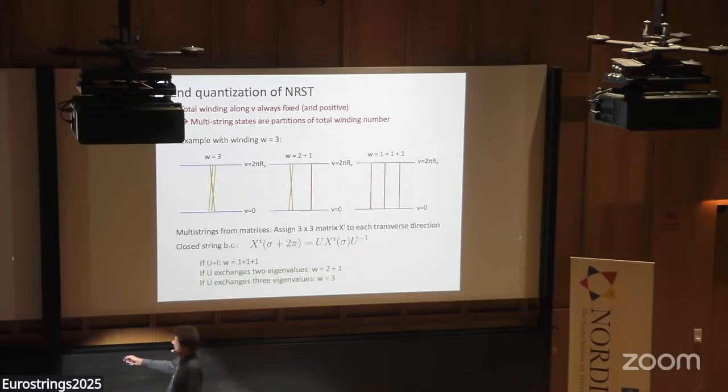I just try to illustrate this for the particular case of winding number equal 3. So then there are 3 cases that you have to consider. And this you can actually translate, again going back to the 90s, to a matrix description. The details are here if you're interested.